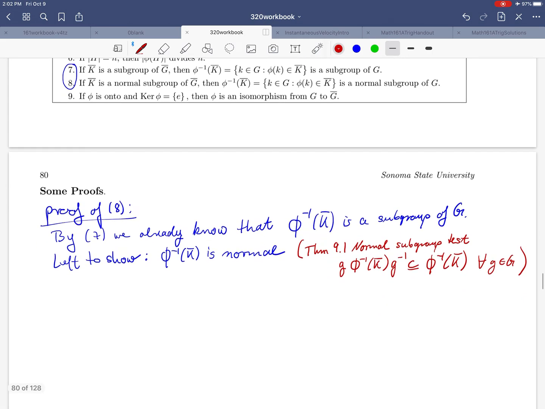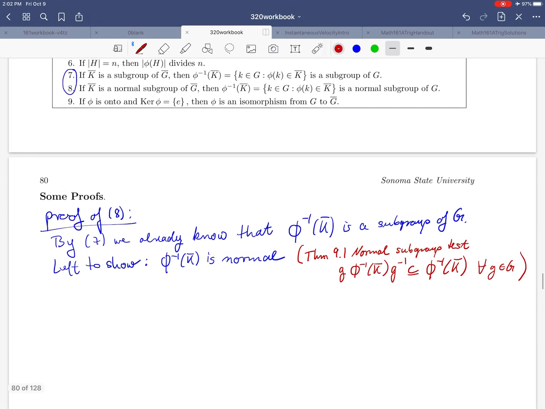And then if we dig into this statement over here as a subset statement, how do you show that? Well, you take an element that's on the left-hand side. So that's going to be like a G, a K, and a G inverse. So that GK, G inverse is an element on the left-hand side, and then you show that it's also an element in the right-hand side.